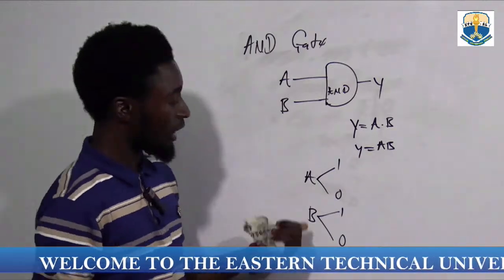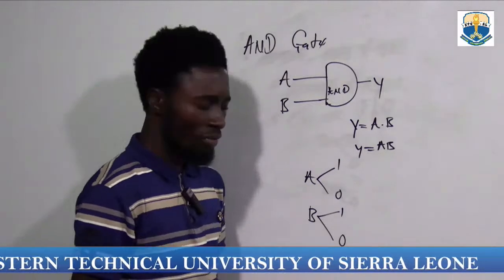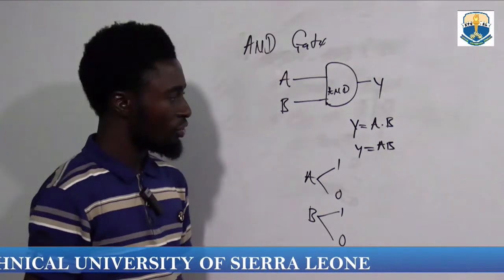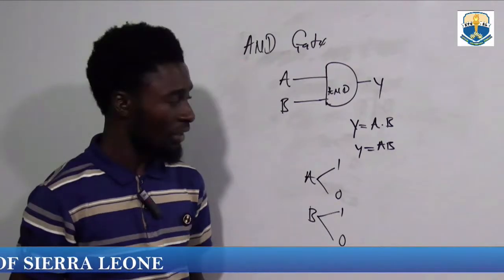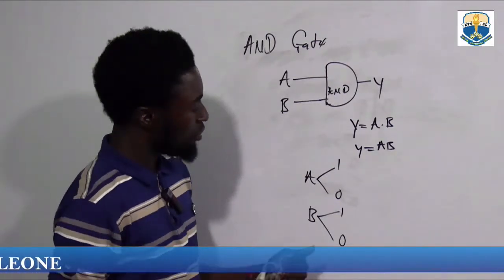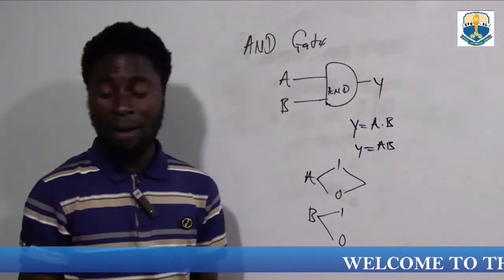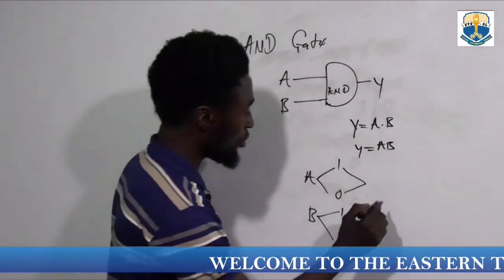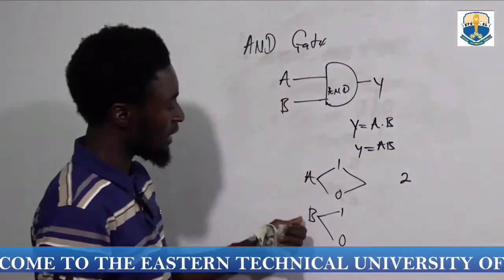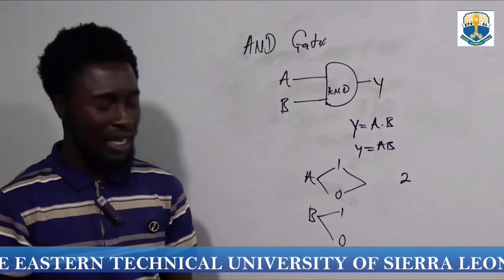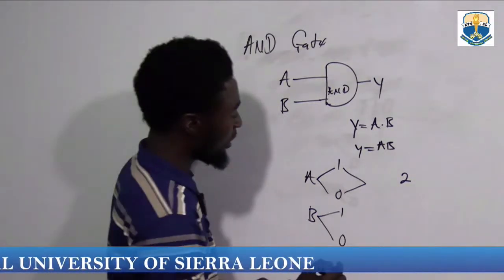When drawing your truth table, you have to know how many inputs you have. For example, you have 2 inputs, A and B, and we are expecting each of these to be in one of the 2 conditions.